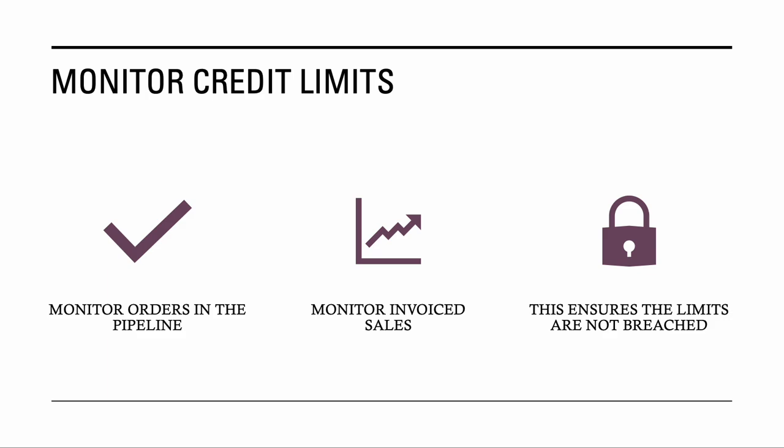But as a management professional, as a CFO, on an ongoing basis, I really need to monitor the orders in the pipeline and also the invoiced sales ahead of increasing the limit, because this will be a key factor for me to determine the credit limit for a particular customer and ensure that the customers are not breaching these limits.